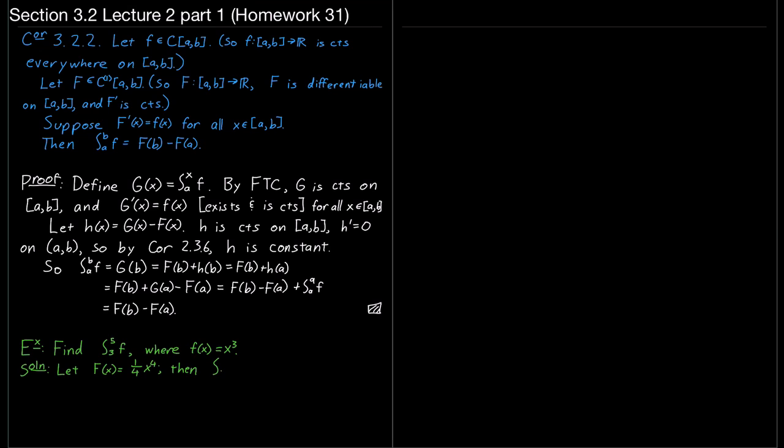Then the integral from 3 to 5 of little f is big F of 5 minus big F of 3, which is 5 to the 4th, which is 625 over 4, minus 3 to the 4th, which is 81 over 4. And so that's how everybody wants to solve integrals.